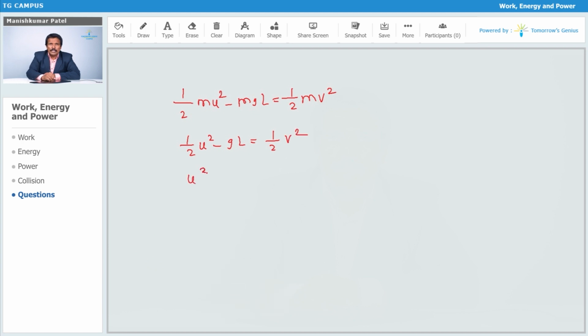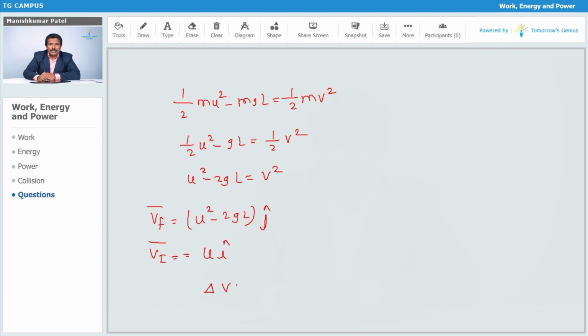So u square minus 2gl equals v square. Even in vector form, this is root of u square minus 2gl along the j cap, and the initial velocity is u along i cap, moving along the horizontal axis.